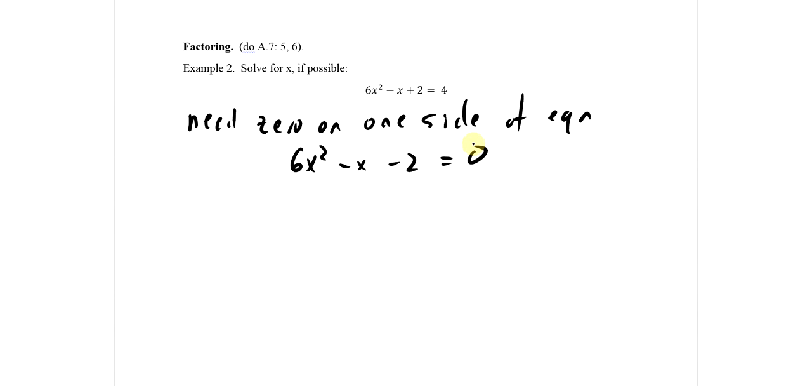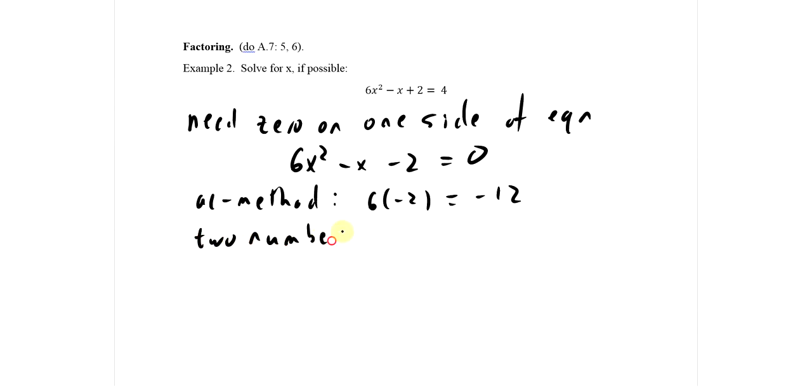Now we can try to solve by factoring. This needs the AC method of factoring. 6 times minus 2 equals minus 12. So what does that mean? We need two numbers that multiply to minus 12 and add to give us minus 1, right?